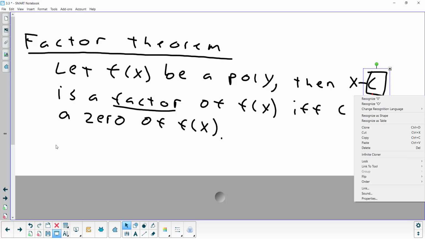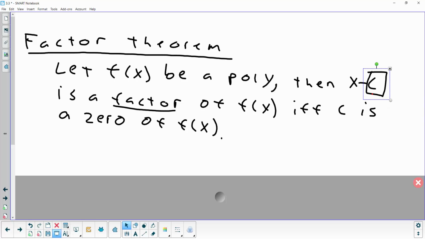That's the number that you plug in. If you plug that number into a formula and you get 0 as the answer, well, we know the remainder is 0. But what's another name for a number that you plug into a formula and get 0 as an answer? That number is called the what of the equation?